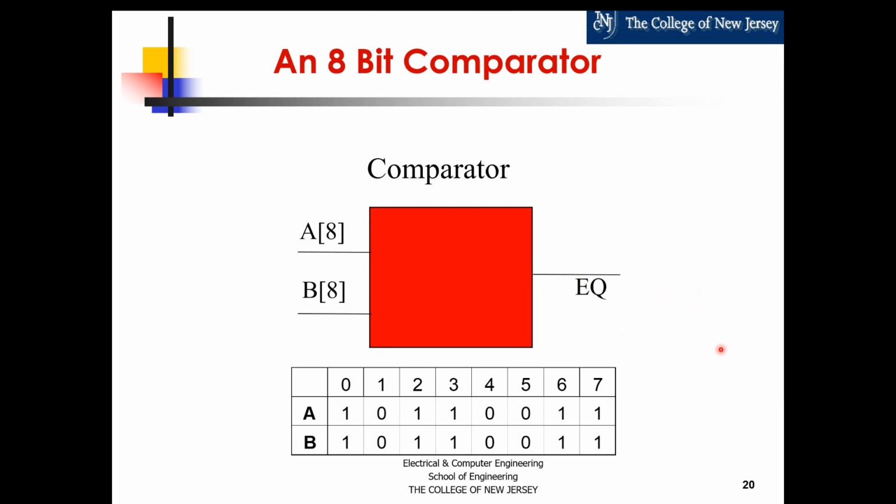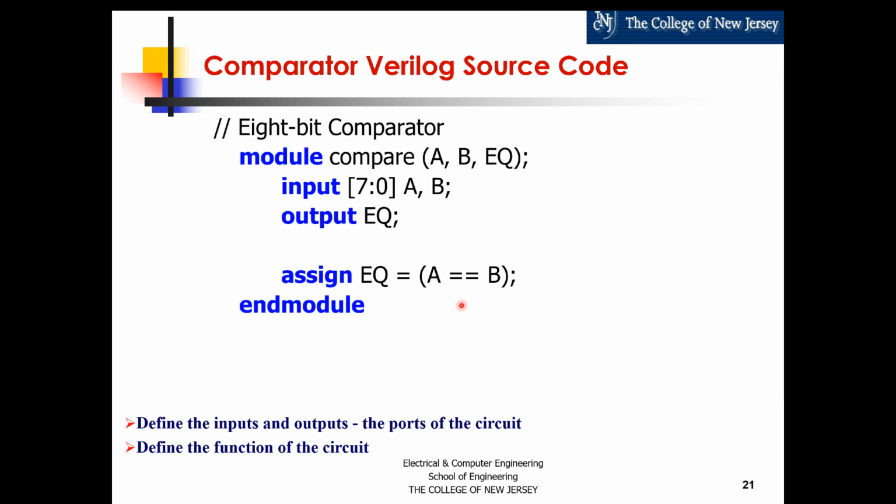So that's the circuit: 8 exclusive NOR gates of 2 inputs each, 1 8 input AND gate. So if you could visualize the drawing of that, how much more difficult and time consuming it would be to draw that from a schematic perspective, putting all the gates and connecting all the wires and all that.